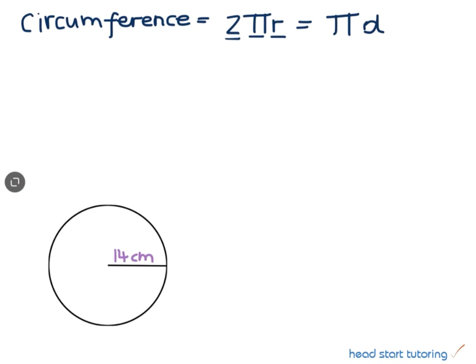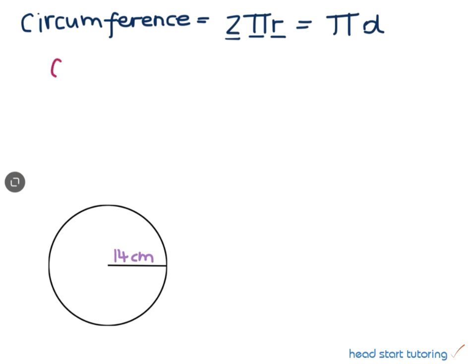Your teacher might specify that you first work with pi equal to 3. The question might ask that you use pi equal to 3.14 or that you use pi equal to 22 over 7. So let's have a look at this circle with a radius of 14 centimeters, and let's find the circumference of this full circle using firstly pi equal to 3.